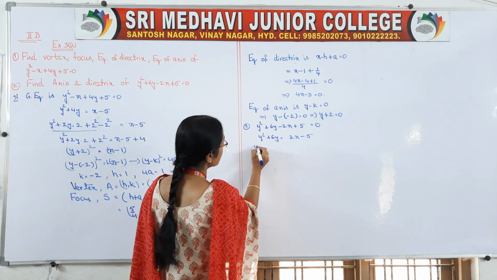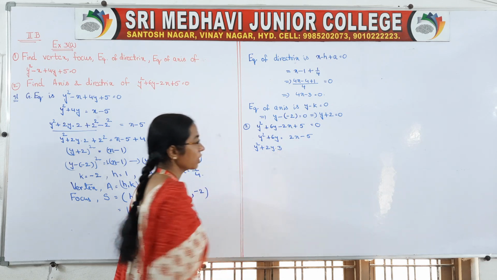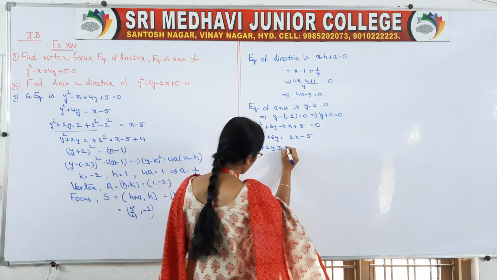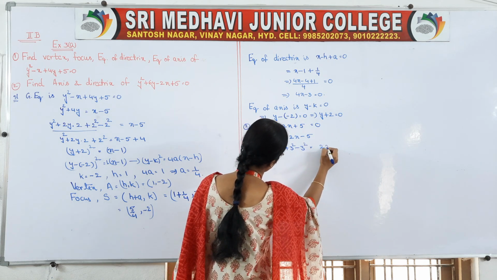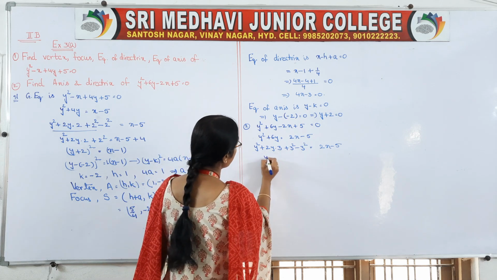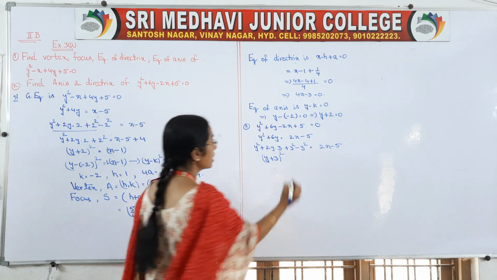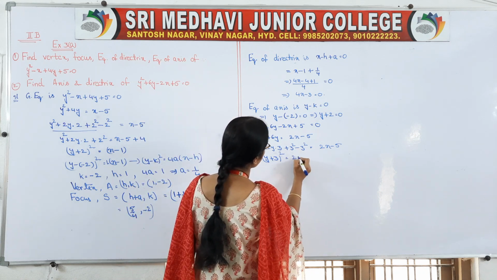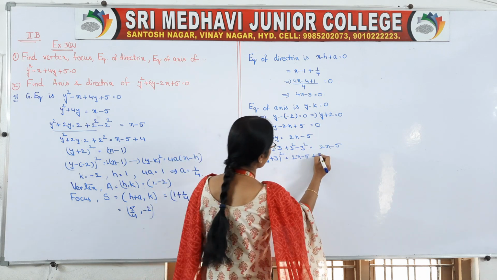Next we can write this as y square plus 2y into 3. We want 3 square, so 3 square is added and 3 square is subtracted. So after that, it is y plus 3 whole square is equal to, sending this term to that side, 2x minus 5, minus 9.